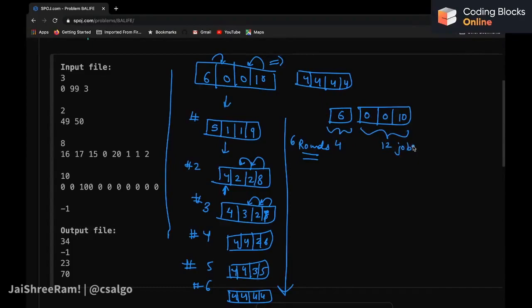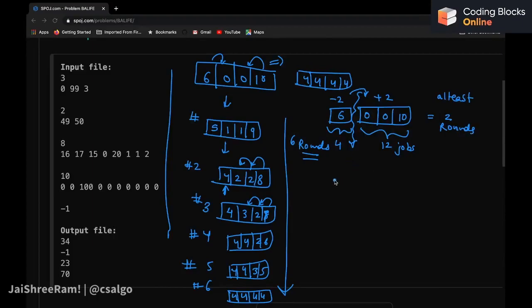Okay, so we have 10 jobs in this part and we require 12 jobs. So that means we need to gain 2 jobs here and we need to reduce 2 jobs here. That means at any given point of time 2 jobs will flow through this boundary, so that means we need at least 2 rounds.